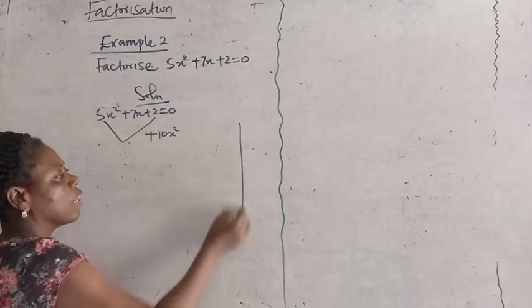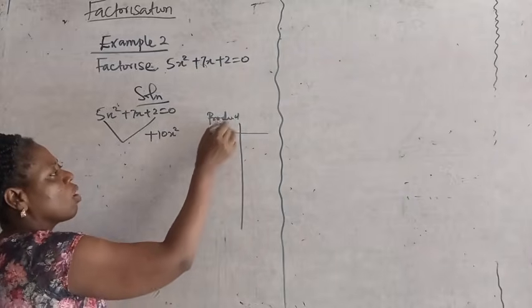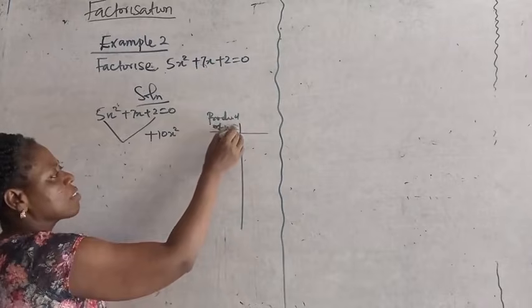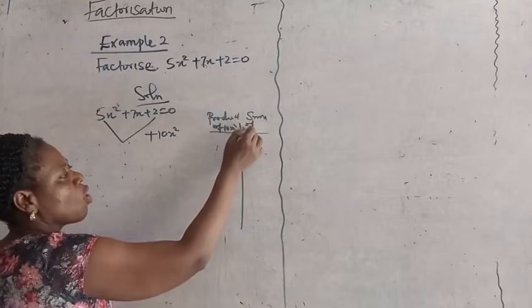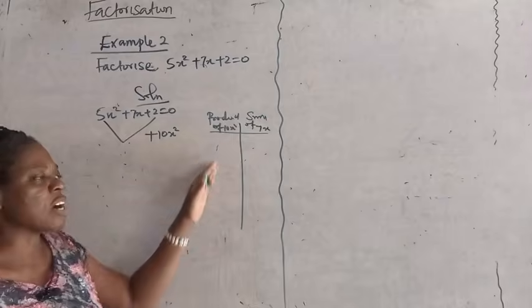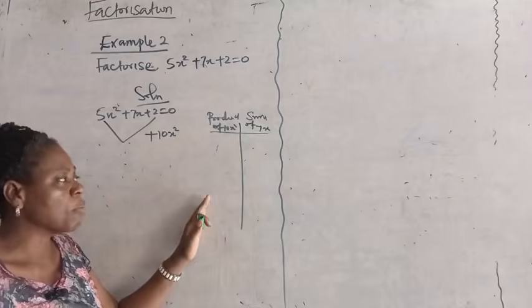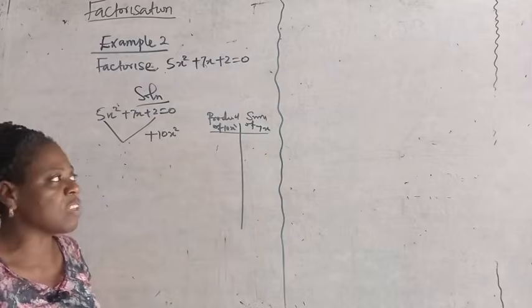We come to our corner and we say product of 10x. And I told you the other side is called sum of 7x. Why are we doing this? Just to get the factors that will obey the product and that will give us the sum of 7x.